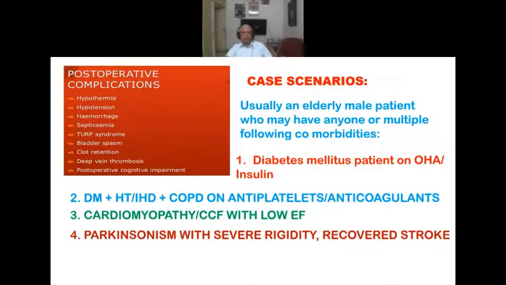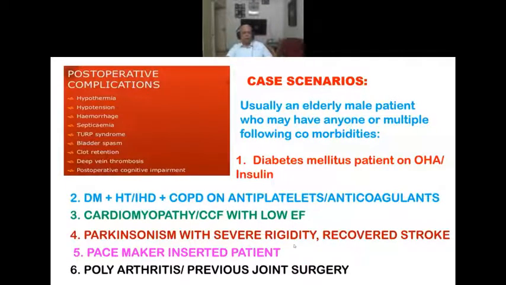He may have Parkinsonism with severe rigidity, or he may have recovered from a stroke. A pacemaker inserted patient may also come for TURP surgery, and polyarthritis or previous joint surgery patients may come. These are some of the comorbidities with which patients may come to you.